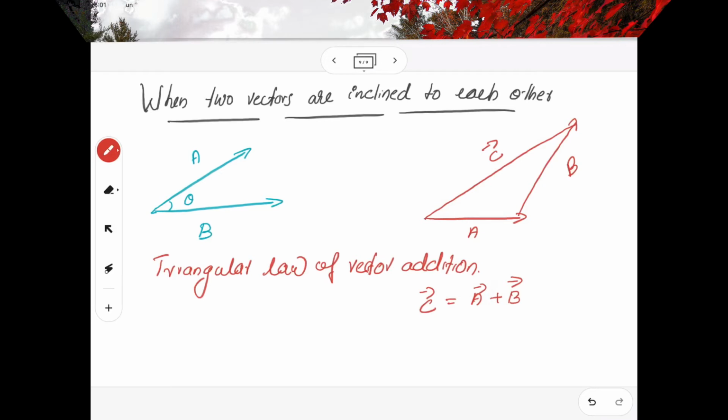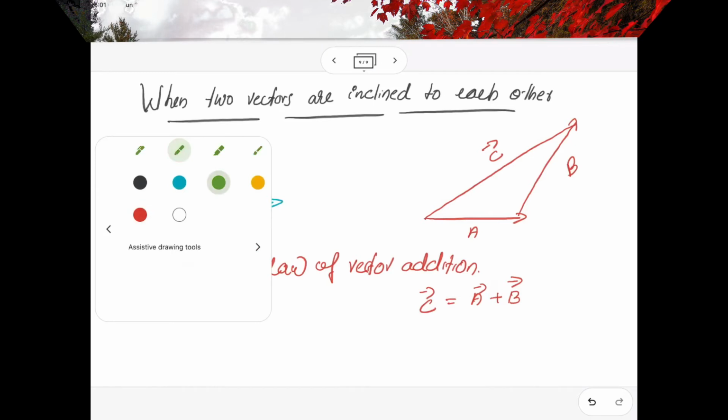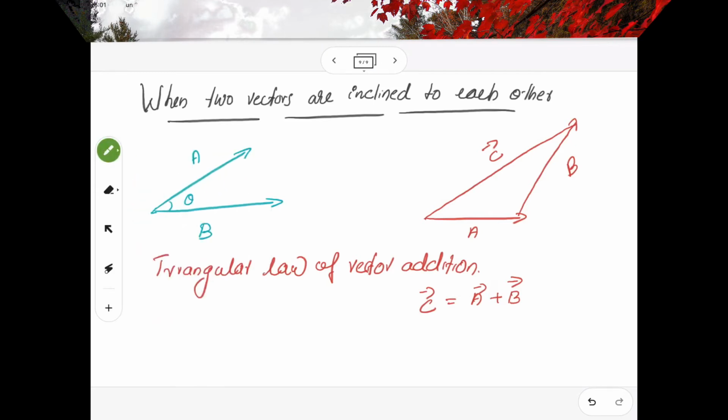The meaning is very simple. For example, just consider you are standing here and you wish to go to your school, and your school is here. You have two roads. One is the road directly going to your school, and the other goes through this path, through A and then to B. So what is its meaning?